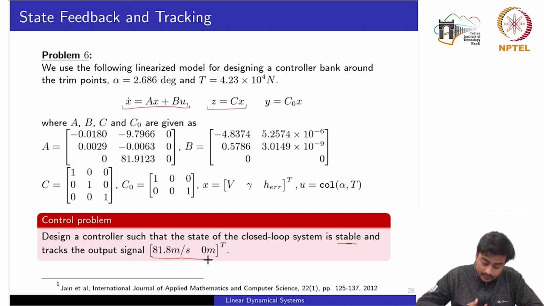So one of the methods we had discussed during the lecture slide is by using the feed forward gain. So we have expressed the control signal as u is equal to P R minus k times x. Okay, so in this problem we would use another method of designing the state feedback controller, which is stable and tracks the output signal.